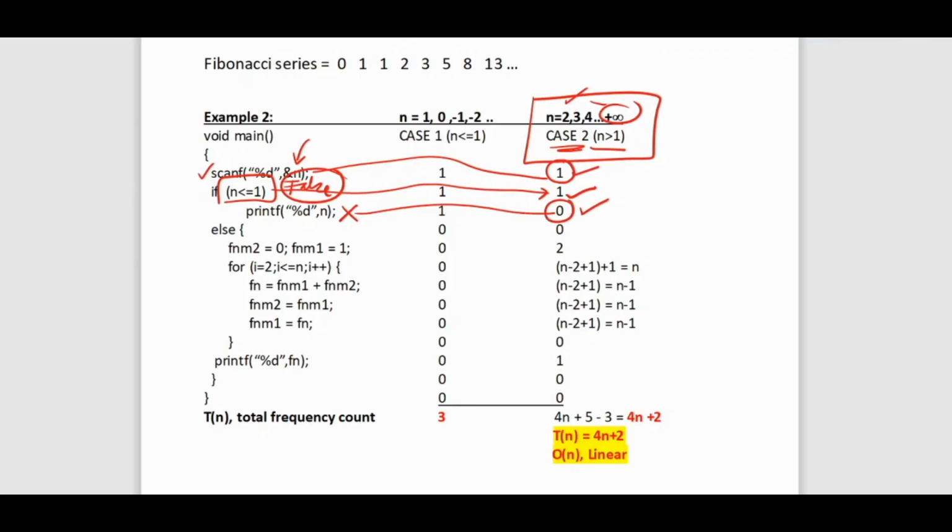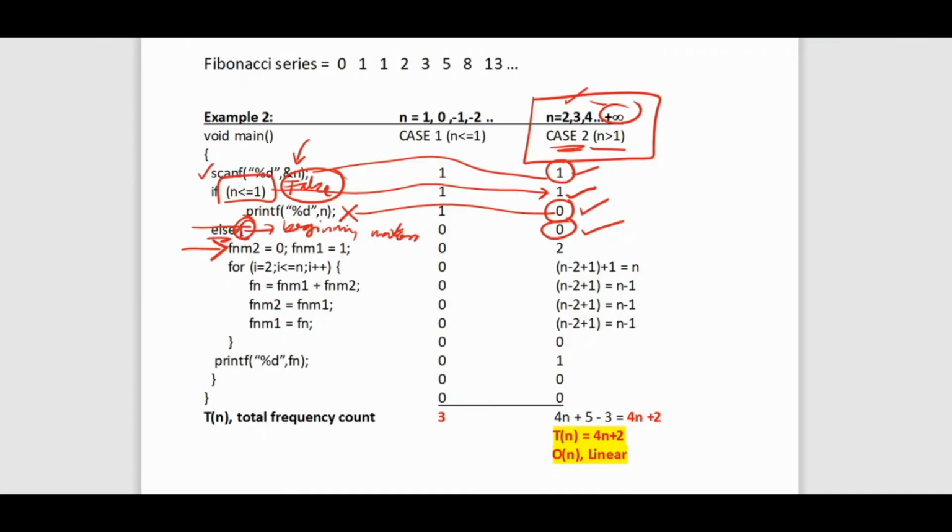It would then jump to the first statement inside the else block. The else keyword and this open marker are not executed, so they have a 0 frequency count, because they are not something to be executed. They are just control markers.